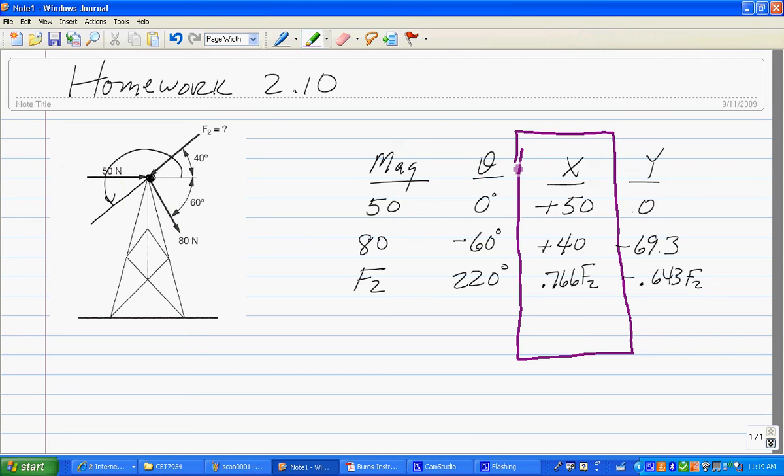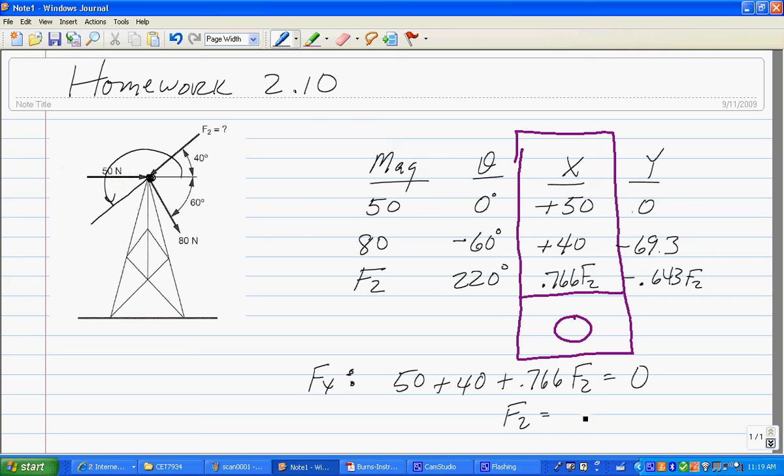So basically, I want to solve this equation in the x direction: 50 plus 40 plus 0.766 F2, set equal to 0. When I solve that, I will find out that F2 comes out to be 117.5 newtons.